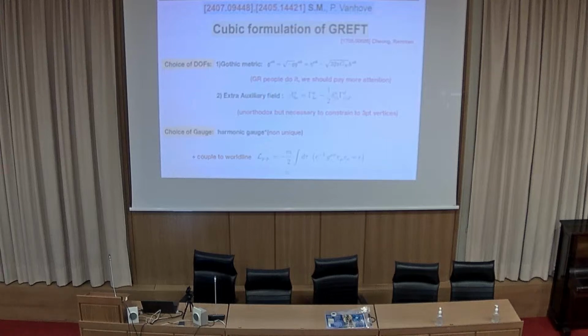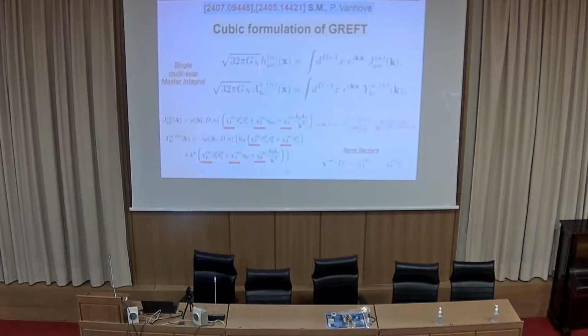Anyway. So we take this formulation of GR and we couple it to the worldline as before. We write them with respect to our degrees of freedom, and so on. The point is that we want to compute these currents to all orders in G. Indeed, we know that these depend on a single multi-loop master integral. It's a multi-loop bubble in the end of the day. And so there's a correspondence of the simplicity of the Schwarzschild solution to the simplicity of the amplitude side computation.